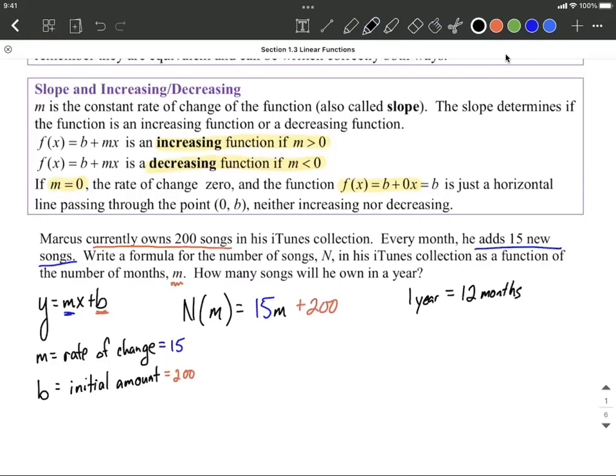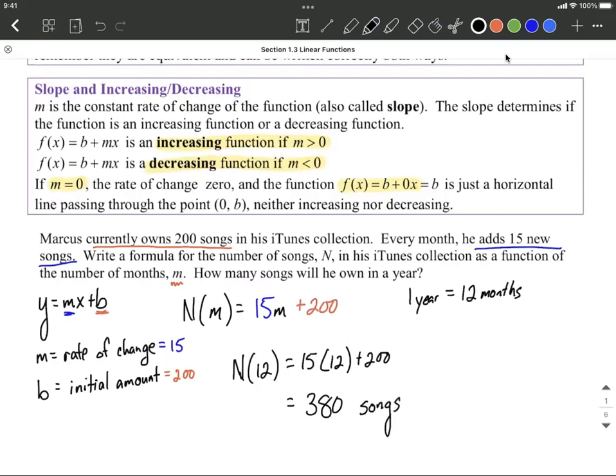So as we try to evaluate this, we want to figure out what is n of 12, which is going to be 15 times 12 plus 200. So 15 times 12 plus 200 works out to be 380 songs in his collection at the end of the year.